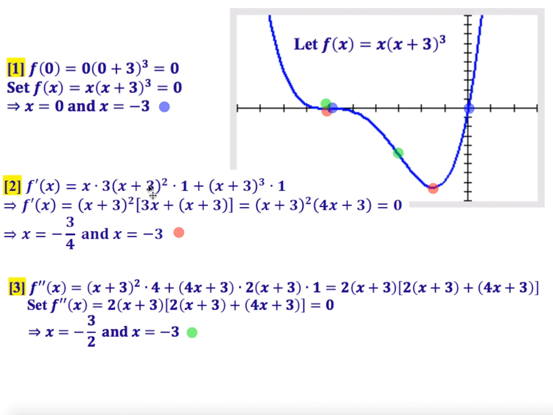Common factor there, I'm going to factor that out, (x plus 3) squared, and I'm left with what you see here, which is 4x plus 3. Set these factors equal to 0, you pick up -3, and as it turns out, -3/4. So in red, I've got two stationary values. These are the places where the slopes of the lines drawn tangent are 0. That's what setting the first derivative equal to 0 accomplishes for us.